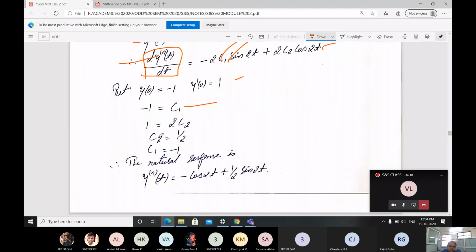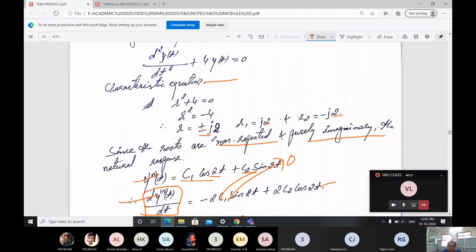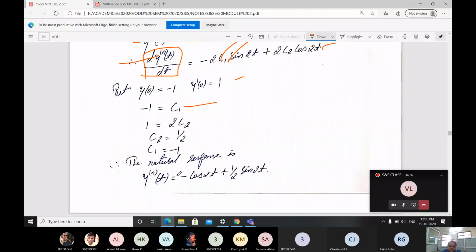Then substitute, we got c2 is going to be equal to 1 by 2, then c1 is going to be minus 1. Therefore, the natural response yn of t is going to be equal to, substituting for c1 and c2 here, minus cos 2t plus 1 by 2 sin 2t you will get.